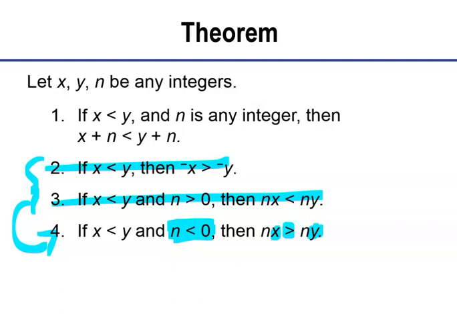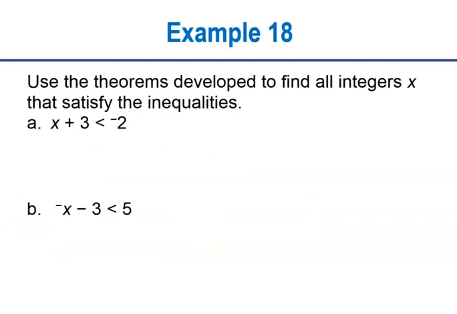So here we're supposed to use the theorems developed to find all integers x that satisfy the inequality. We know that x plus 3 is less than -2. Now we could just guess. But if we use the theorem to get x isolated by itself, we could just subtract 3 on both sides, couldn't we? Or add a -3.